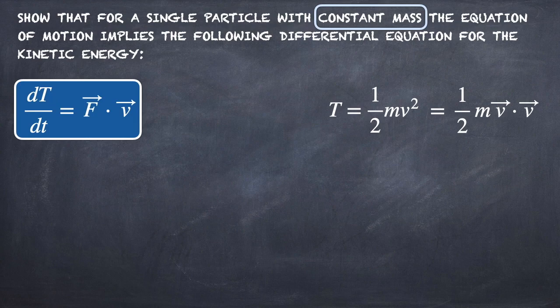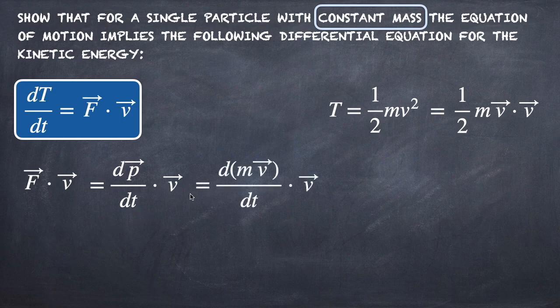So, instead of writing the force, we are going to write it as the time derivative of the momentum, which is the force, of course. And since the momentum is mv, and m is a constant, we can write it as m times the derivative of v dot v.